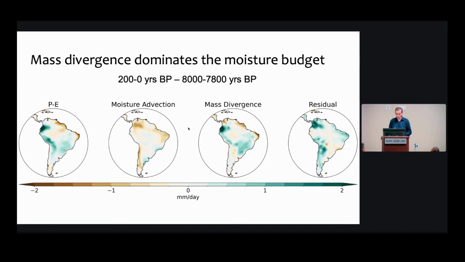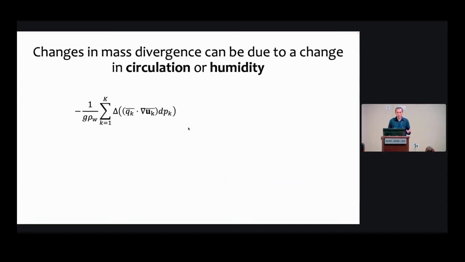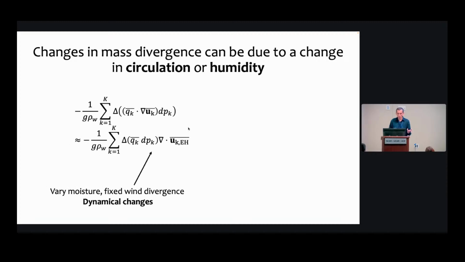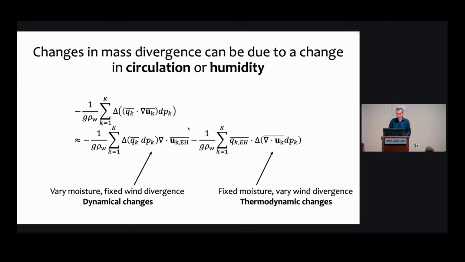And when we think about the mass divergence, it can be further broken down into two terms. We can think of it as the mass divergence driven by varying moisture, so you change the Q, but it's still more circulation-driven changes. But you can also fix the moisture, you don't change the moisture, but you change the circulation.